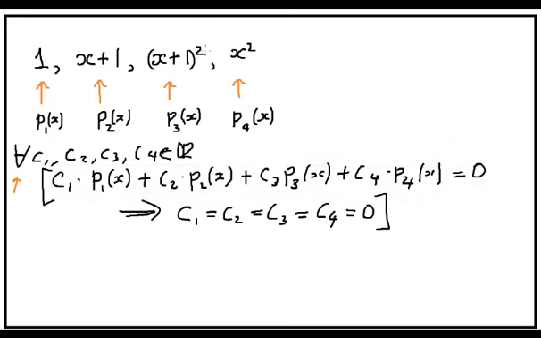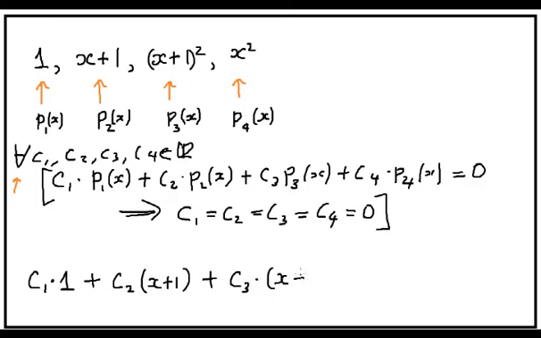So, what will that be? C1 times P1 of x, which is 1, right? So this is C1 times 1 plus C2 times x plus 1 plus C3 times x plus 1 squared plus C4 times x squared.